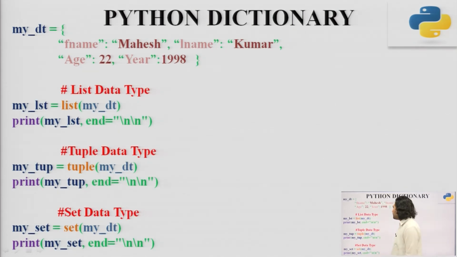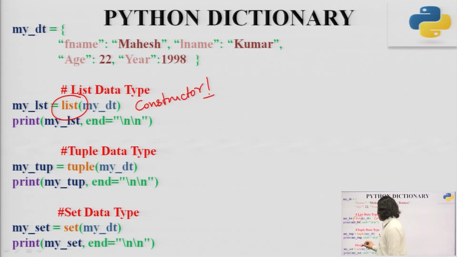The next thing is the data conversion or the casting of the data. So, how is the dictionary data type converted into the list data type? By using the list constructor. Similarly, for tuple it is the tuple constructor, and for the set it is the set constructor.